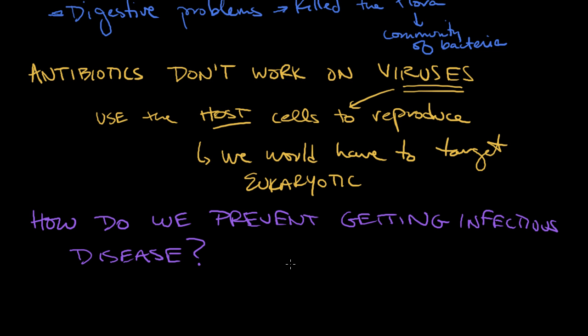But really, the best answer is, how do we prevent this? We try to quarantine ourselves. So we avoid coming in contact with other people, especially when we are very, very sick. You don't come to school, partly because you're not feeling well, but partly because in our society, we don't want to spread that disease around.